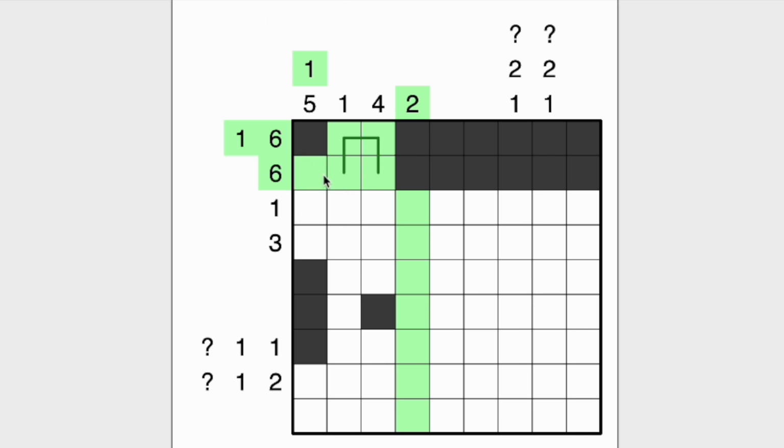Okay, this cell we know isn't shaded, so the loop must enter and exit on the only 2 sides that are available, which means that this over here is not shaded. The line has to keep on going down.